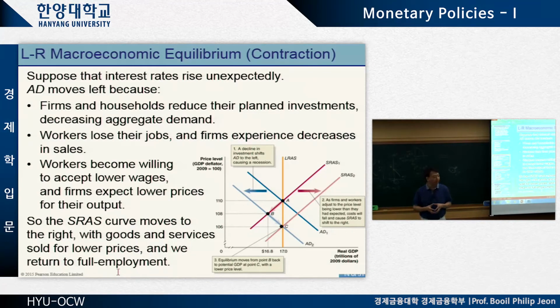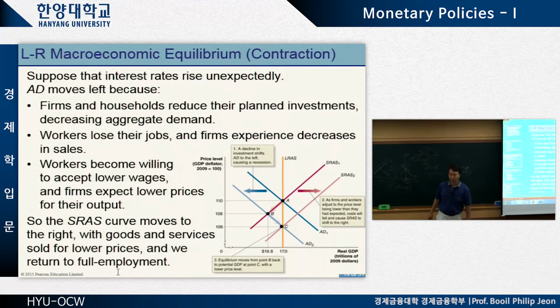Something happened, and households reduced their saving, let's say. Maybe households feel really optimistic about the future, so instead of saving, they decided to spend more of their income.